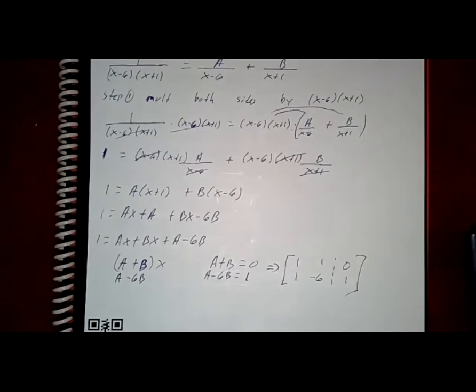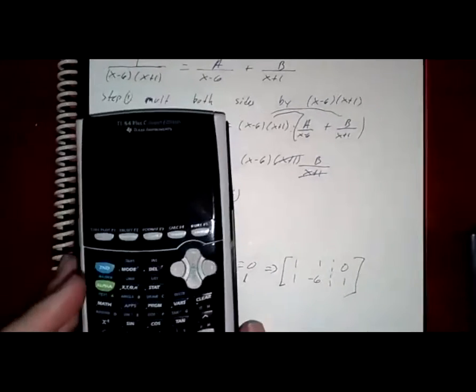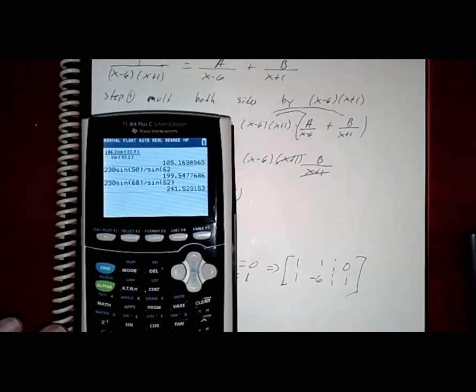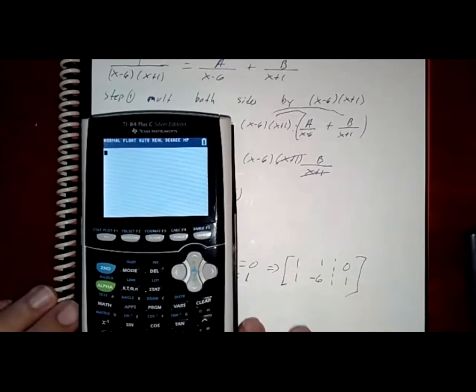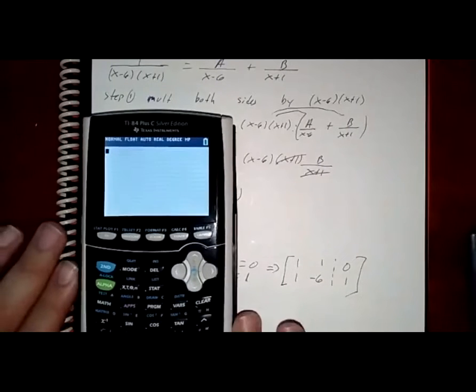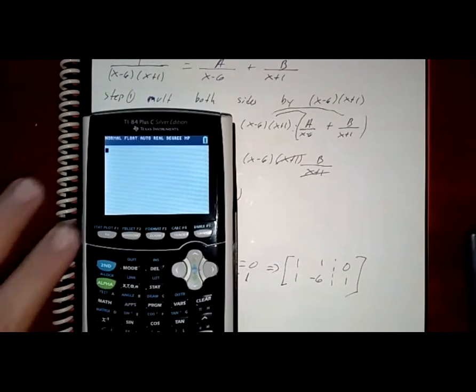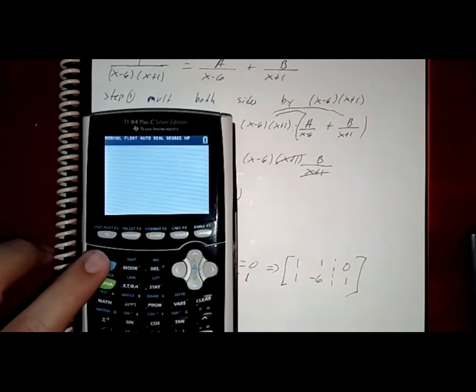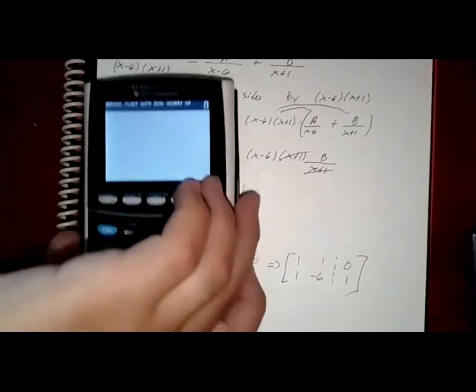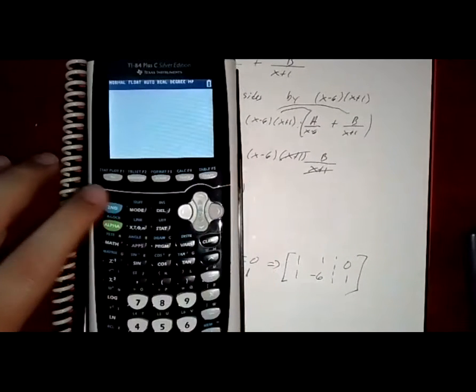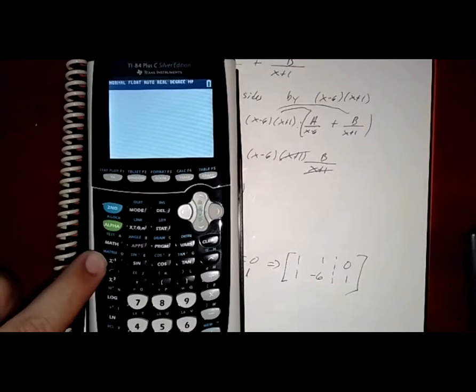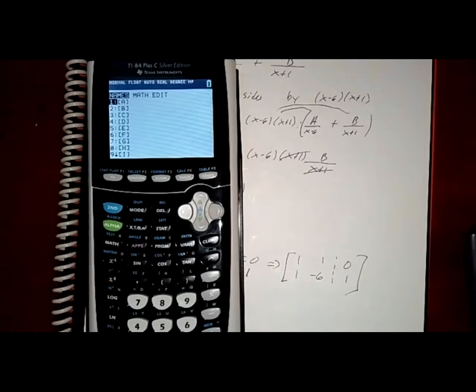So let me show you how to do it then. If you have an 83 or 84, it should be the same thing. 89 might be slightly different. So all you got to do is hit second and then x inverse. See how this is matrix above it? So this is the matrix menu.